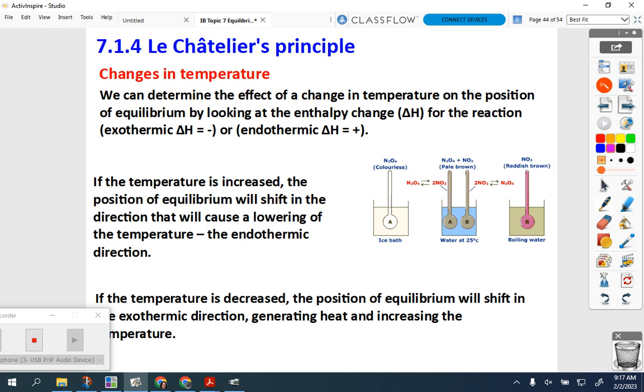So if we are increasing the temperature, if we add heat, we're going to drive it in the direction of the endothermic reaction, because that endothermic reaction is going to absorb that heat and turn it into chemical bonds, thus effectively lowering the temperature. So if we increase the temperature, the reaction tries to lower the temperature by absorbing heat in the endothermic direction.